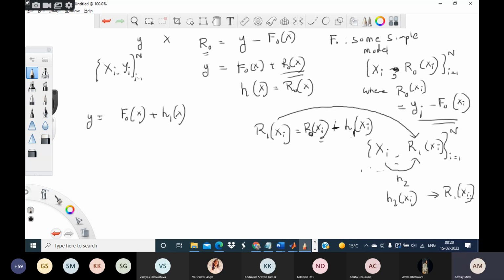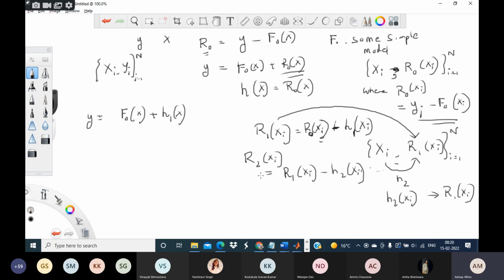But of course, this time also the prediction will not be absolutely accurate. So I will get the third level residuals like this: R2 xi is equal to R1 xi minus H2 xi.